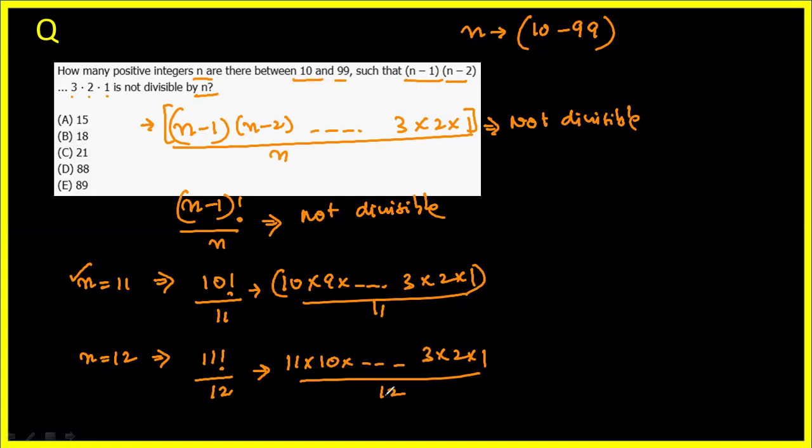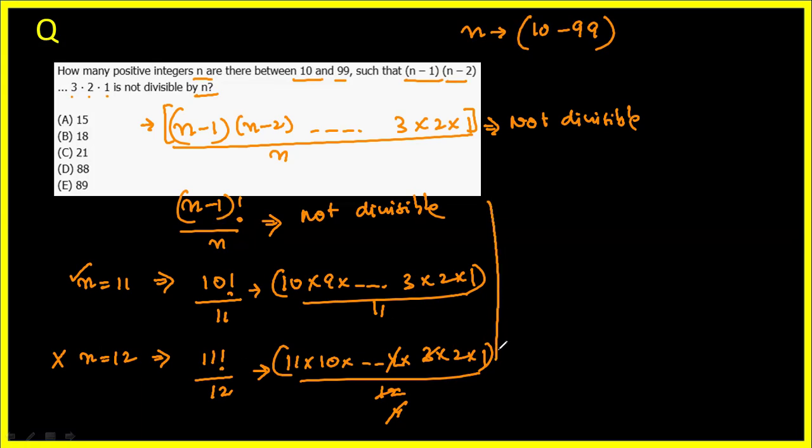You have a 3, you have a 4 as well, so this will get divided by 12. That means this number is not to be considered. Why? Because it divides. We have to find out which numbers do not divide (n-1) factorial.